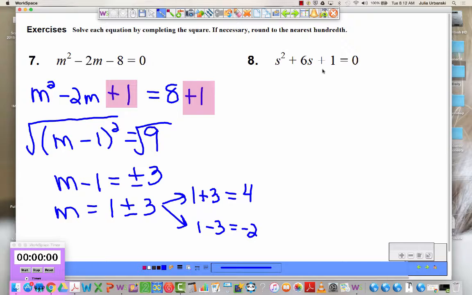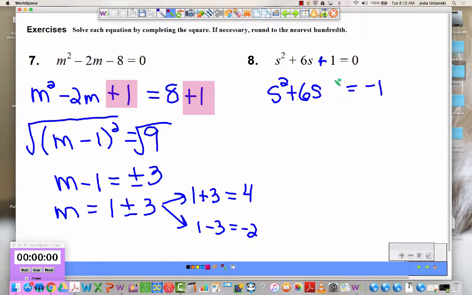All right, number 8. Is that a +1 right there? Yeah, plus 6s plus 1. All right, so the first thing that you do is move all the s's to the left. S squared plus 6s, and then equals -1. You move that over. Next thing, what number gets added in right here?